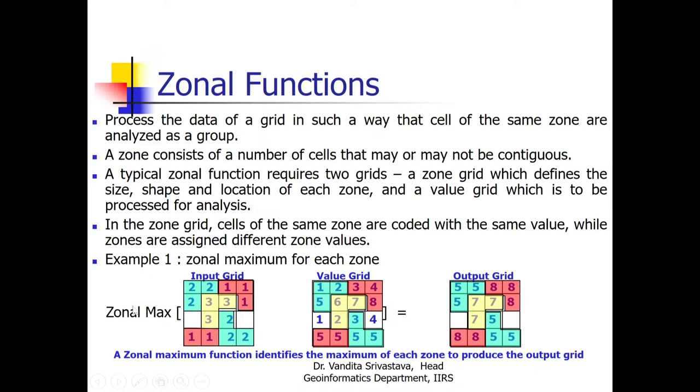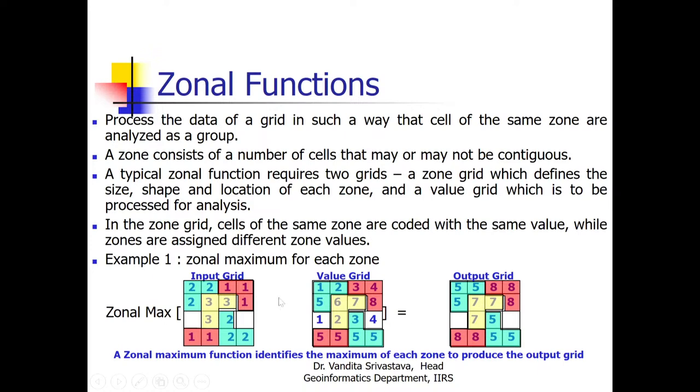If you want to perform a zonal maximum, you will consider each zone and try to find out what is the maximum value inside this zone. That value you will assign to the output for that particular zone. For example, let us take zone 3. This is the definition of the zone. This is zone 3. The maximum value here is 7.